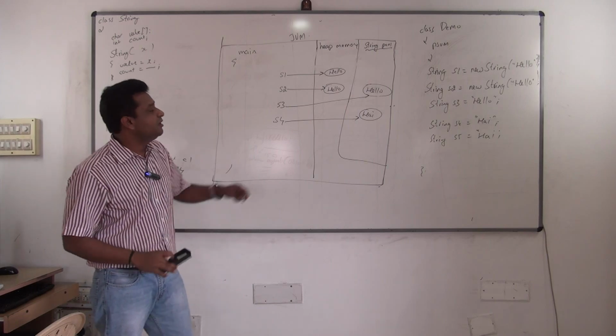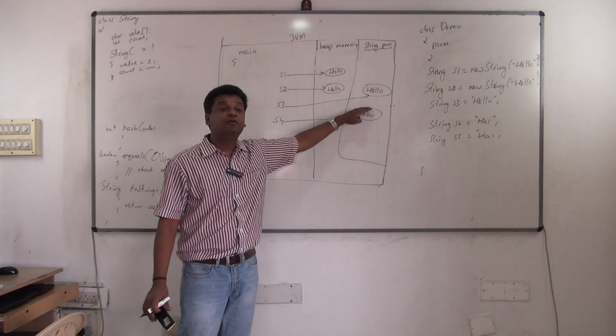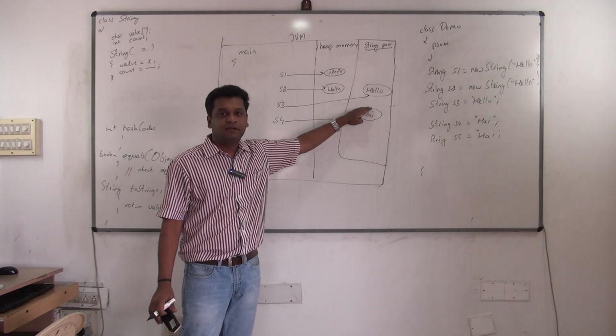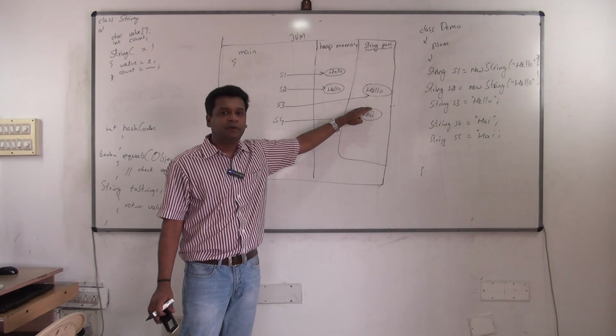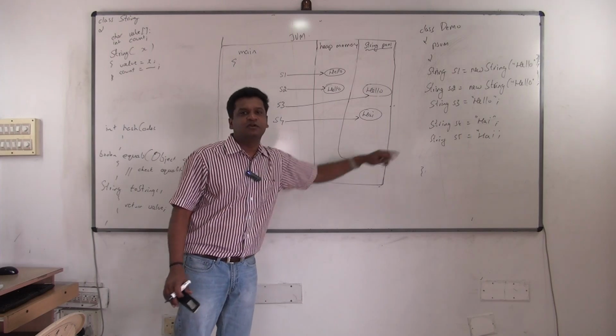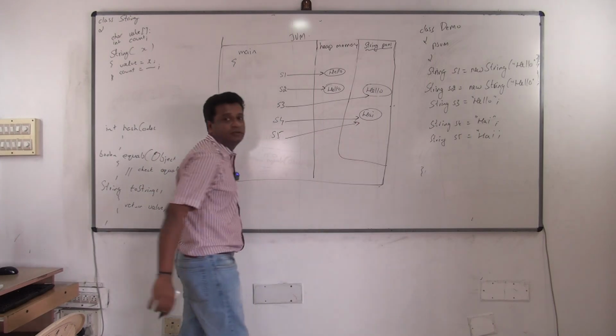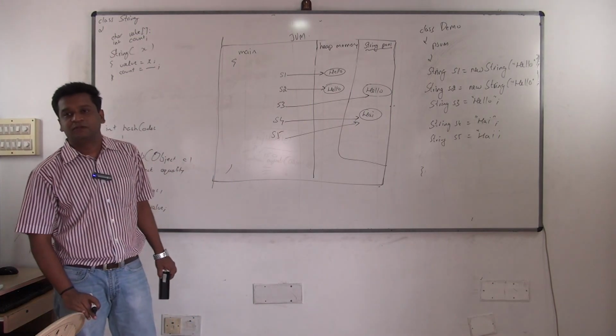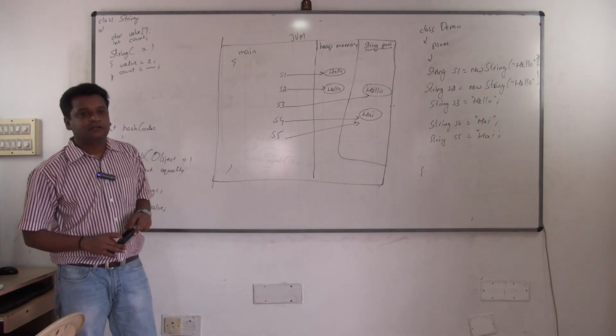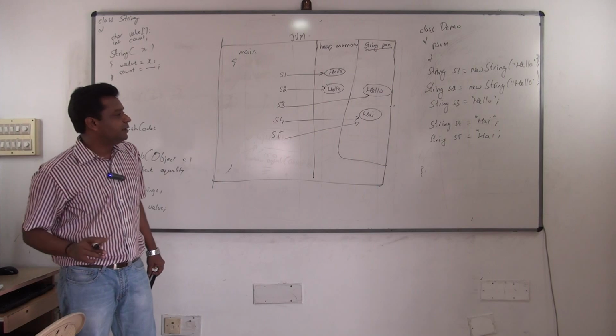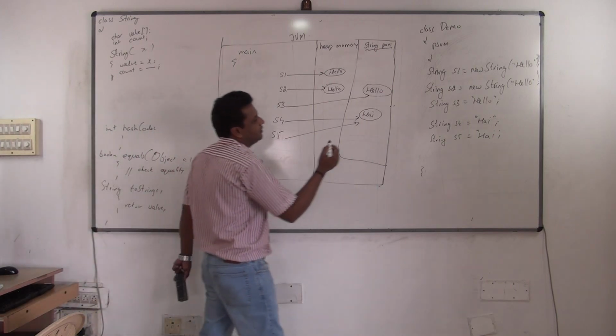The difference is if it is there and you don't use the new operator. See, the next one: String s5 is equal to hi. So what happens? Directly the value of hi will be given to this one. So this is how it happens. Understood? It's as simple as that.